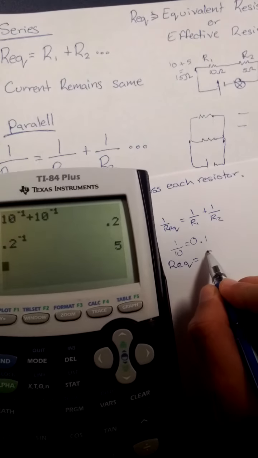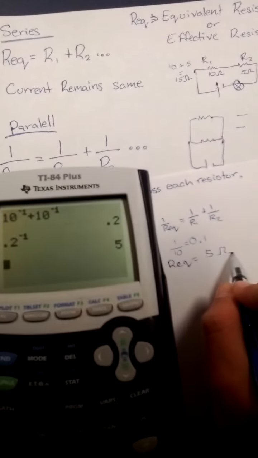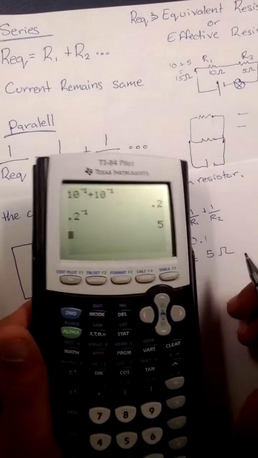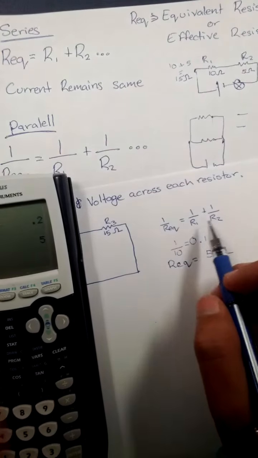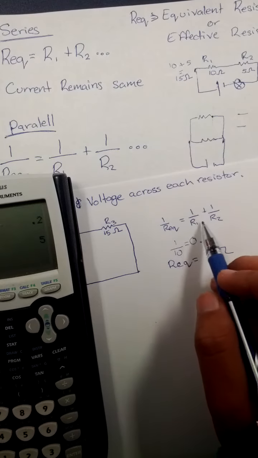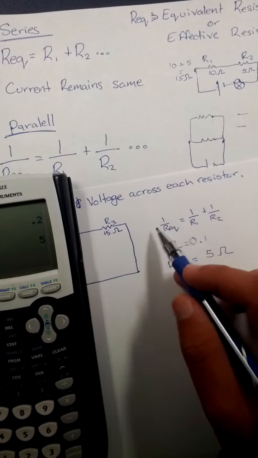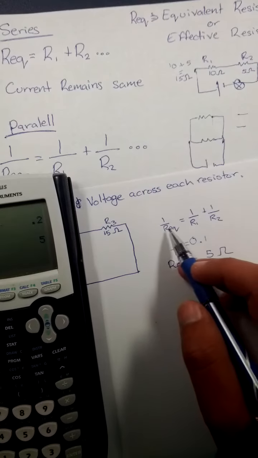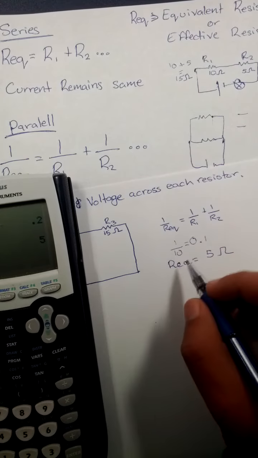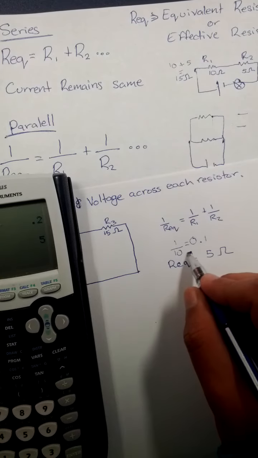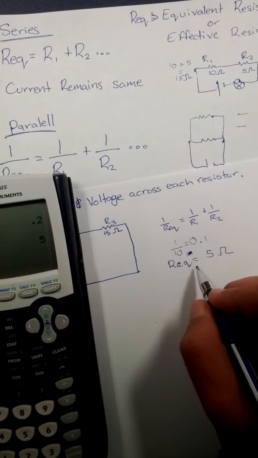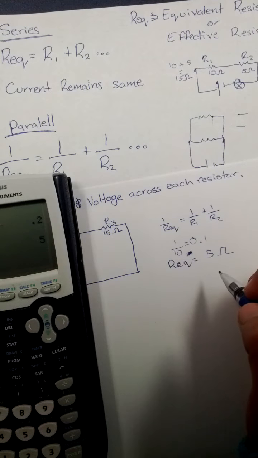The reason why I did 0.2 inverse is because if you look at the formula, it's not just REQ equals 1 over R1, it's 1 over REQ, which is the same thing as saying inverse. That's the symbol for inverse, but we can't write inverse there. So REQ equals 5 ohms.